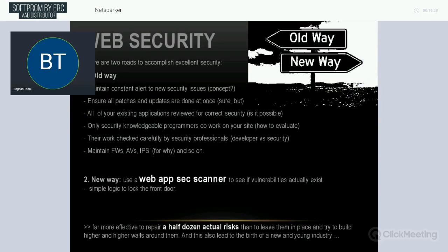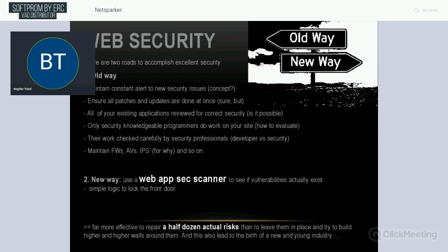So, summarizing the topic about why that matters and how we can help, I'd like to summarize that we have two ways to protect web applications. The first one is well known to the network security specialist and includes a lot of things and steps on how to achieve this kind of measures.